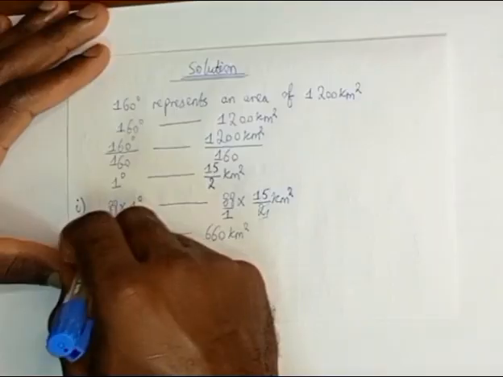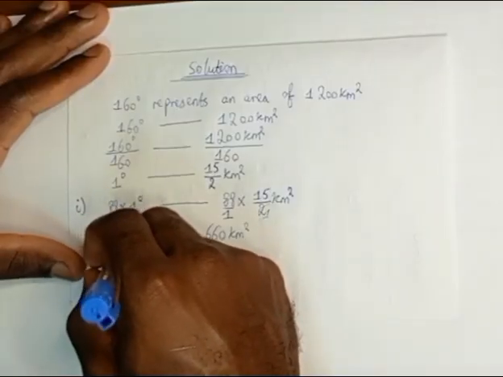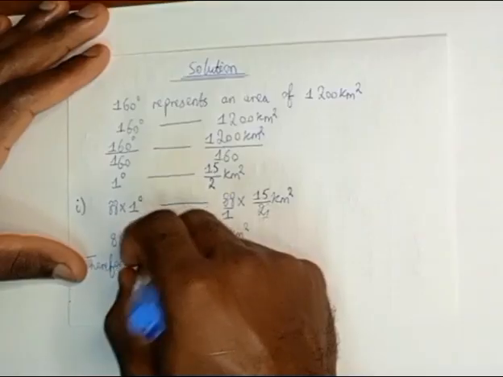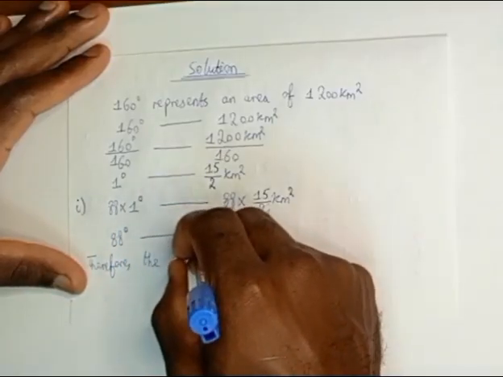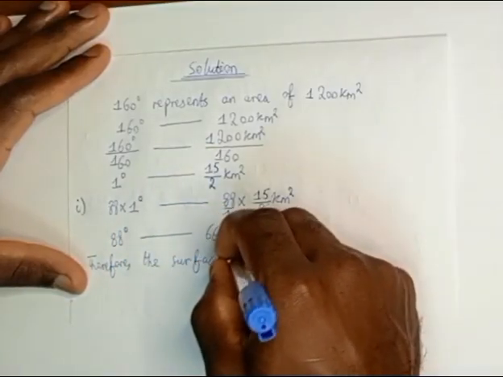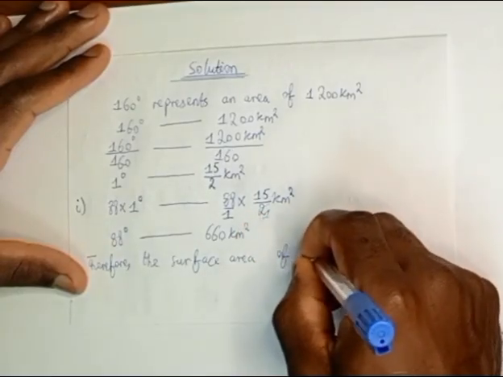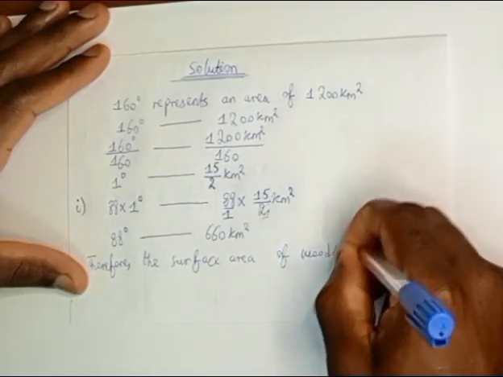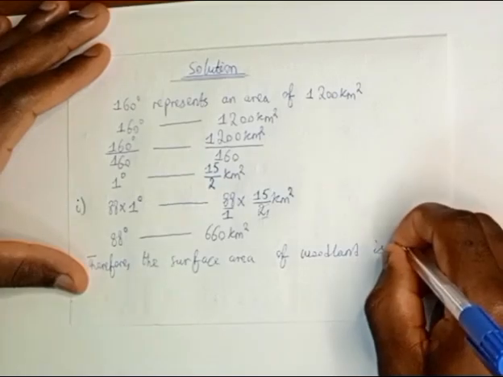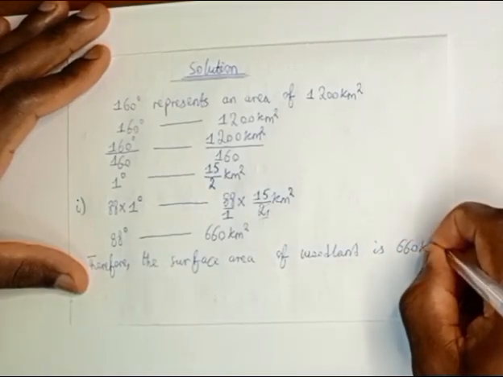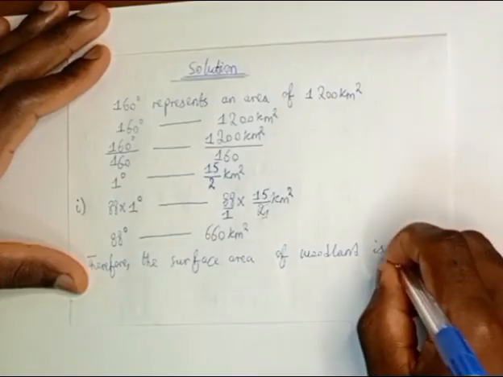Then we conclude, therefore, the surface area of woodland is 660 kilometers squared.